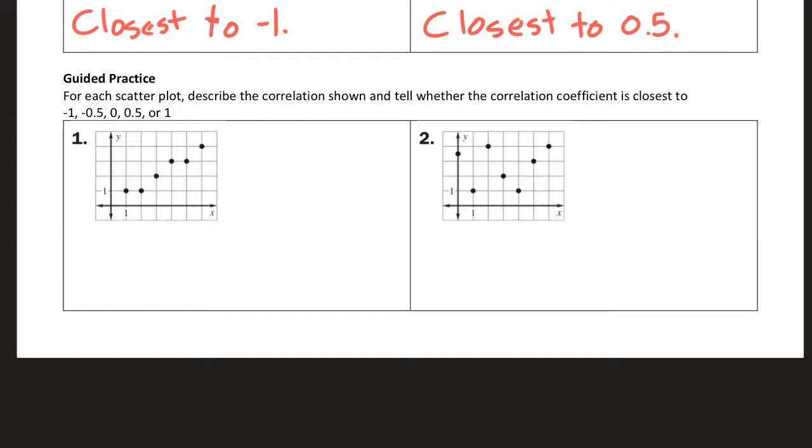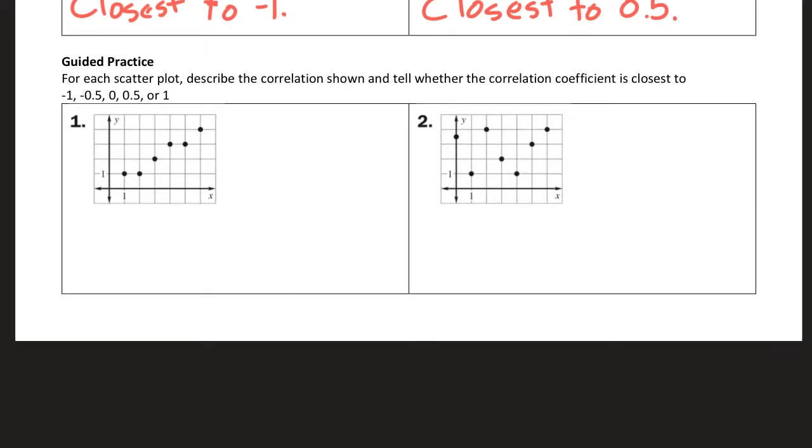Take a minute and I will reveal my answers, but this is a good chance for you to pause to see if you're understanding the content. This is also a good chance to think, do I need to ask some questions? Do I need some further understanding? We will go through more examples throughout class to help us predict using correlation, but I just want you to see positive and negative, and then weak or strong, basically.